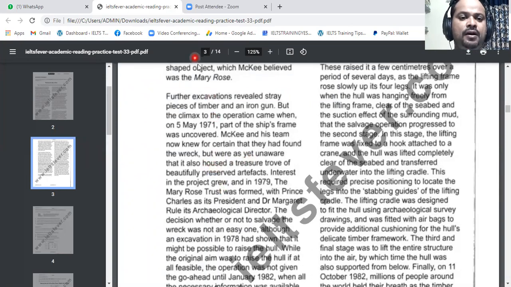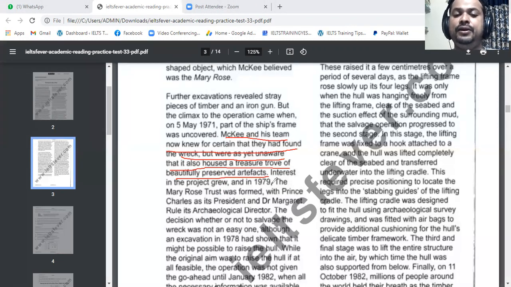Yeah, got it here. McKee and his team now knew for certain that they had found the wreck, but they were yet unaware that it housed a treasure trove of beautifully preserved artifacts. So this is what they knew. This question says they would contain some historical objects.